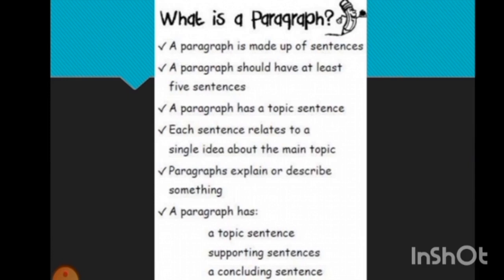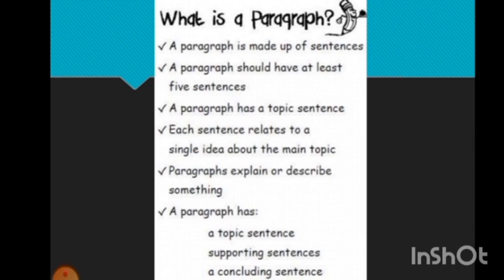Okay, so if we talk about the first point, a paragraph is made up of sentences. As we know, we connect the sentences with each other when we are writing a paragraph. It is a mixture or a combination of many sentences, and when we are writing a paragraph, at least 5 sentences should be there.